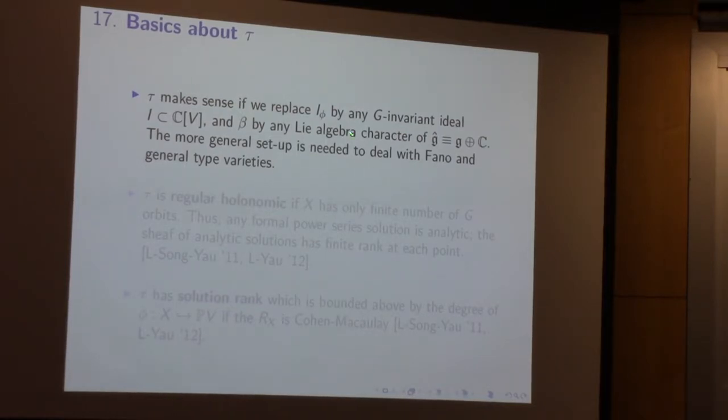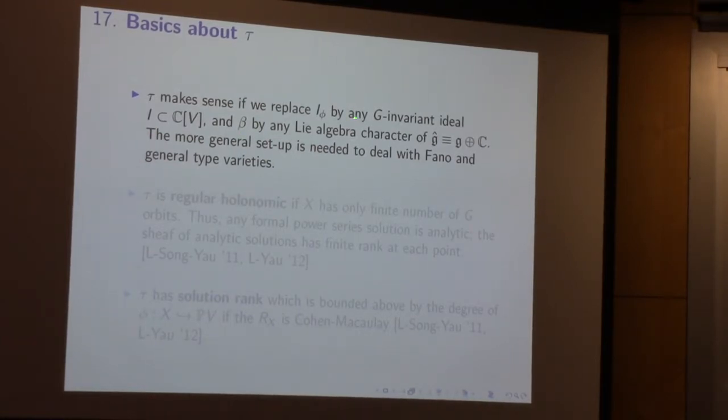It turns out if you just look at the definition formally, it makes perfect sense if you forget the geometric setup, the line bundle and so on. Just replace this embedding ideal with any ideal in this polynomial ring.